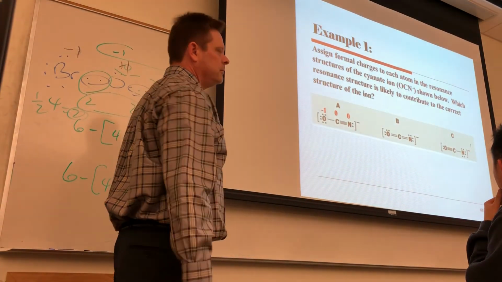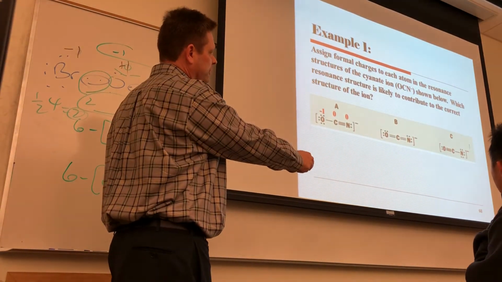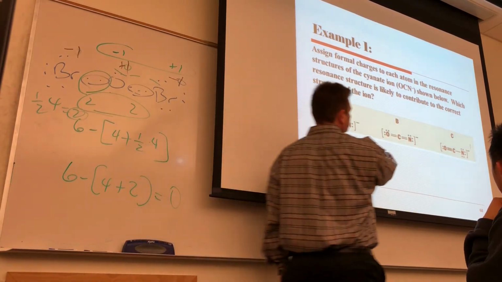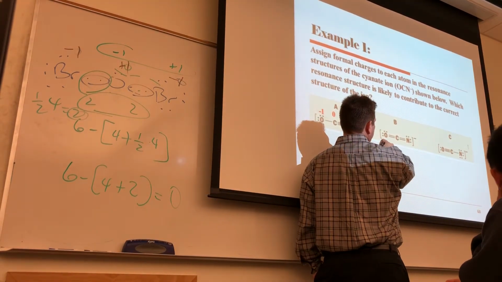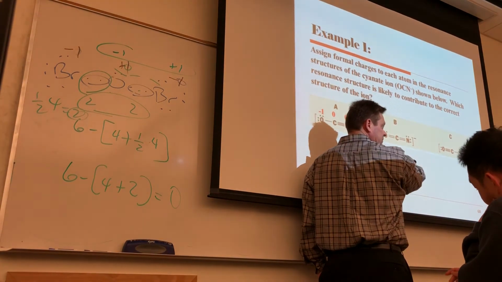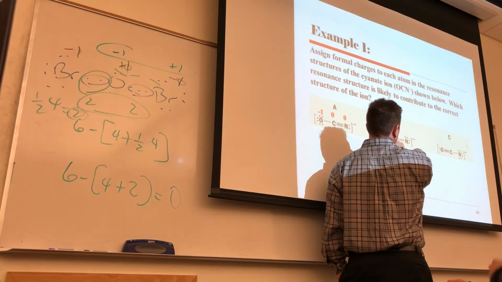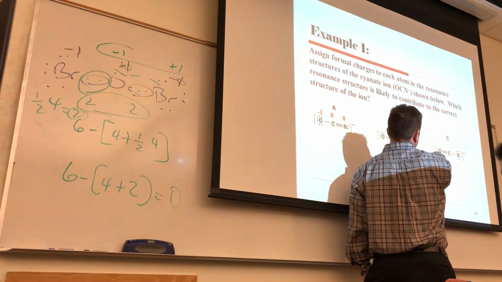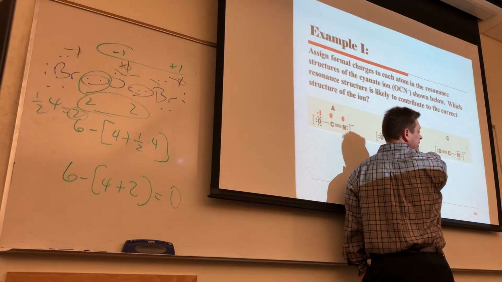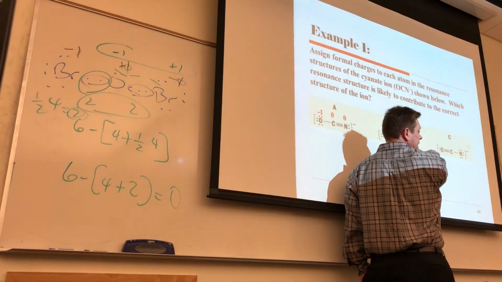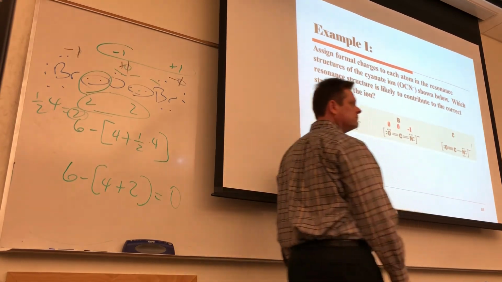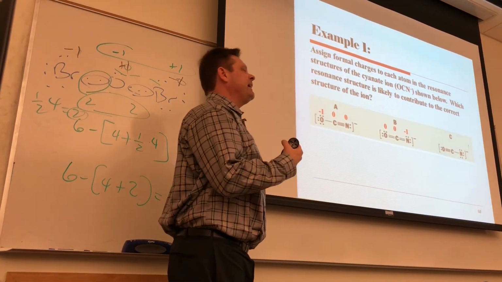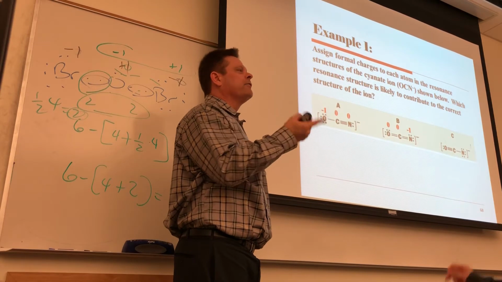What's the formal charge on the oxygen here? 6 minus 6, 0. What's the charge on this one? 4 minus 4, 0. What's the charge on this one? 5 minus 6, minus 1. I'm just, instead of saying half the bonded, saying 1 for each bond.